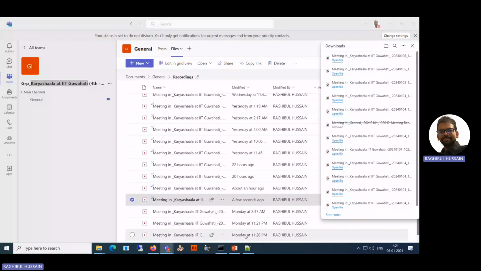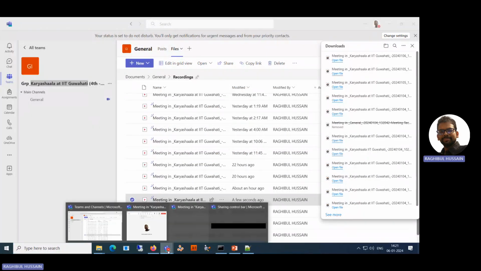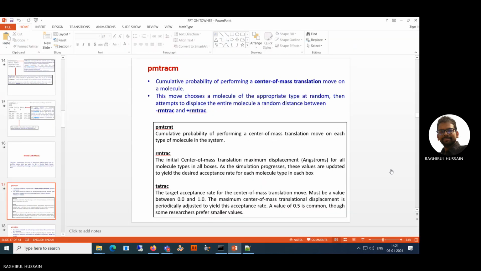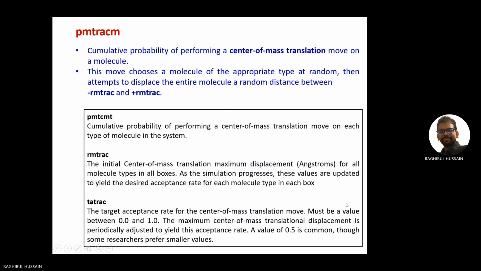So PMTRACM is the center of mass translation, the probability of Monte Carlo moves.